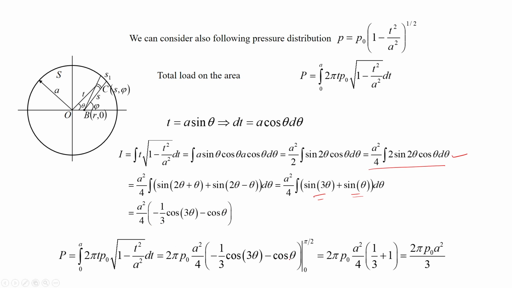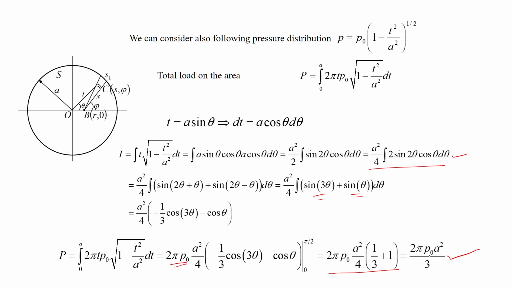So, with the limit from 0 to pi by 2, this is 2 pi p 0 a square by 4 into (minus 1 by 3 cos 3 theta minus cos theta), and if I use all the limits, I will finally get 2 pi p 0 a square by 4 into (1 by 3 plus 1), which is 4 by 3. So, it comes out to be 2 pi p 0 a square by 3.